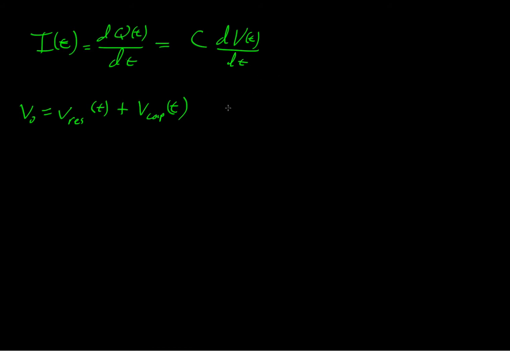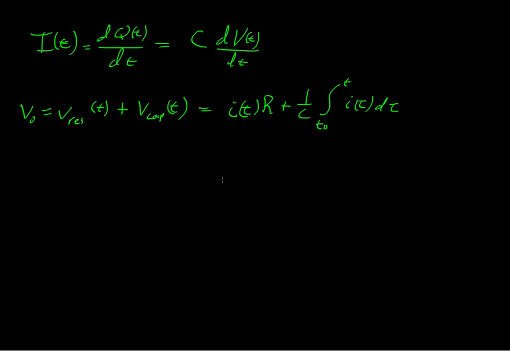Well, like I said, that is going to be equal to the current flowing through your resistor with respect to time times your resistance. So V equals IR, so this is I at any given point in time times your resistance, plus our V of t, which we found earlier to be 1 over C times the integral from T0 to any given t of I of tau d tau, where tau is the time constant.